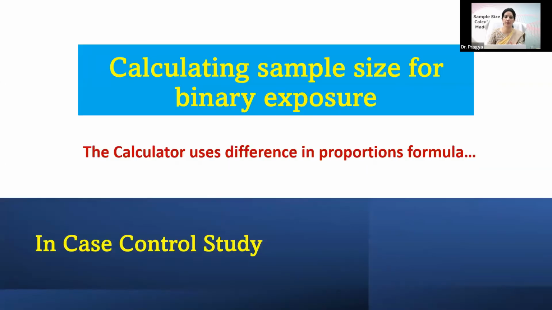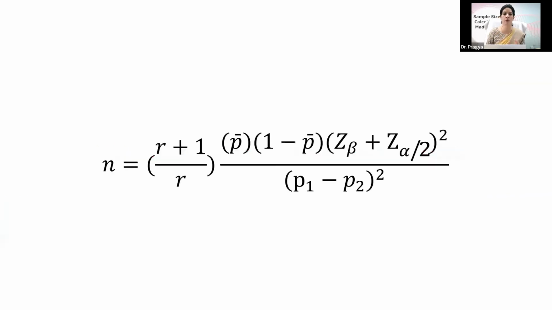Before I start with the example, the formula which is running in the background is this formula. The calculation of sample size for a binary proportion, that is the presence or absence of an exposure in disease and control, is through this formula. Here n is the sample size in the case group.